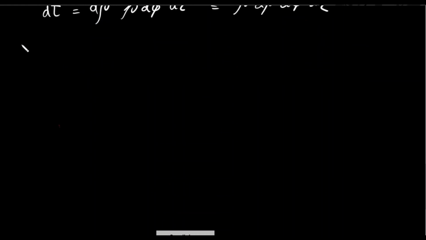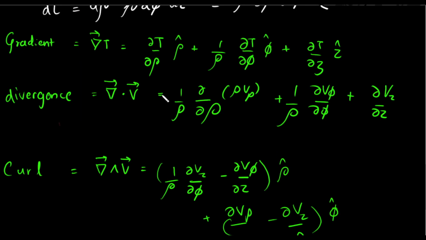So now I'm going to write the gradient, divergence, curl and the Laplacian in cylindrical coordinates. Okay, now we have an expression for the grad T. That is equal to partial T over partial rho rho hat, plus 1 over rho times partial T over partial chi chi hat, plus partial T over partial z z hat. So now we have the divergence of the vector field v.